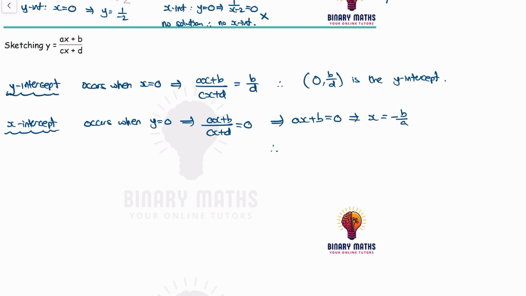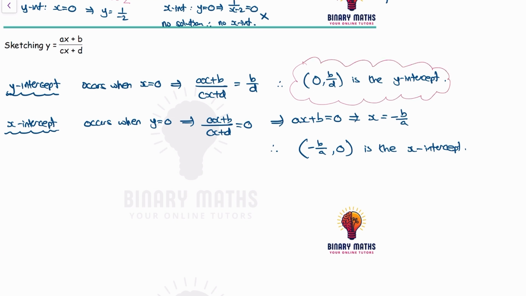So therefore, (minus b over a, 0) is the x-intercept. So I'm just going to highlight what we get as the x-intercept. So the key points of this exercise.